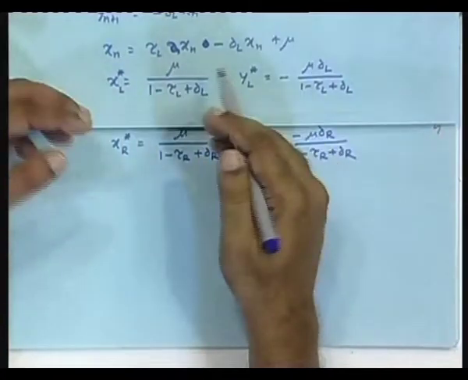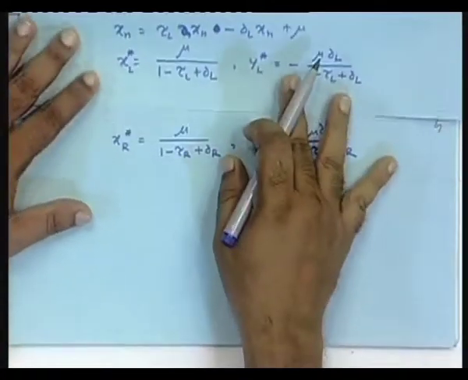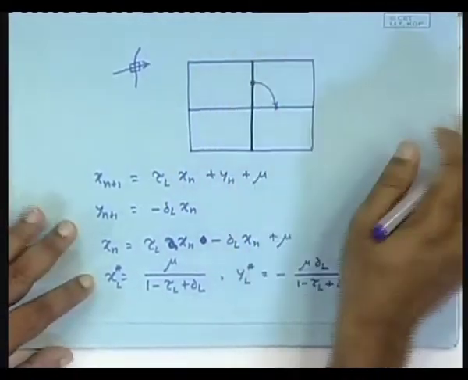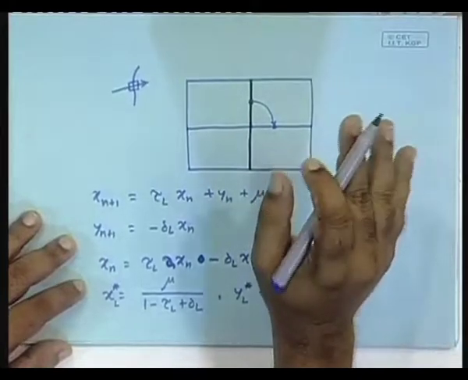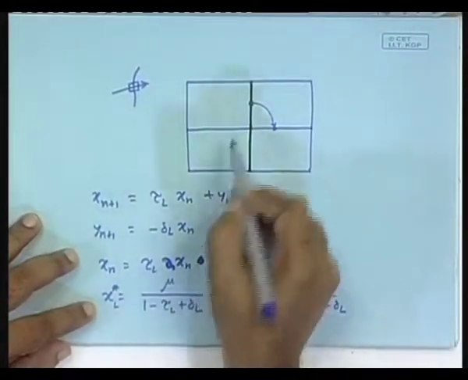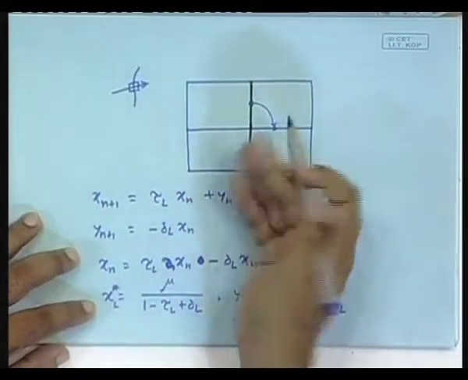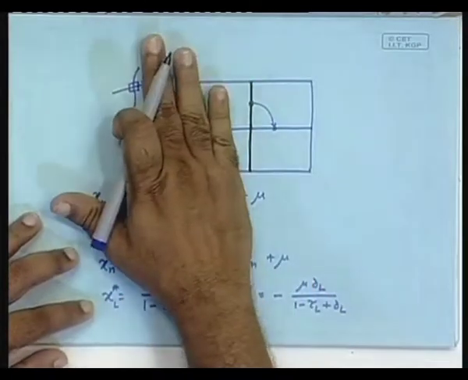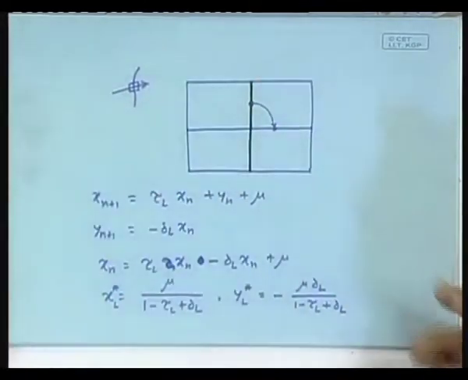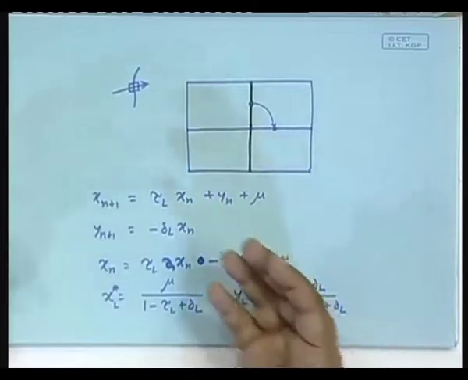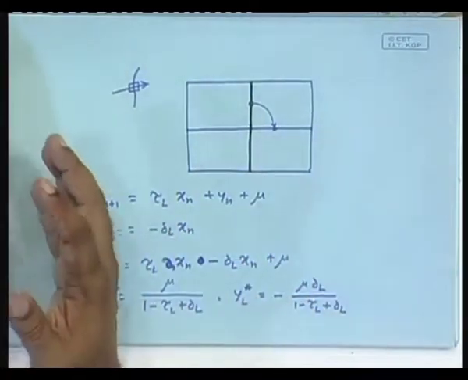Now, we have calculated this x L star using the left hand side equations. So, obviously, this value will exist so long as the x L star happens to be a negative number. That means, this fixed point is in the left hand side, else you run into a situation where you have calculated using the left hand side equation, but the fixed point does not exist in the left hand side.